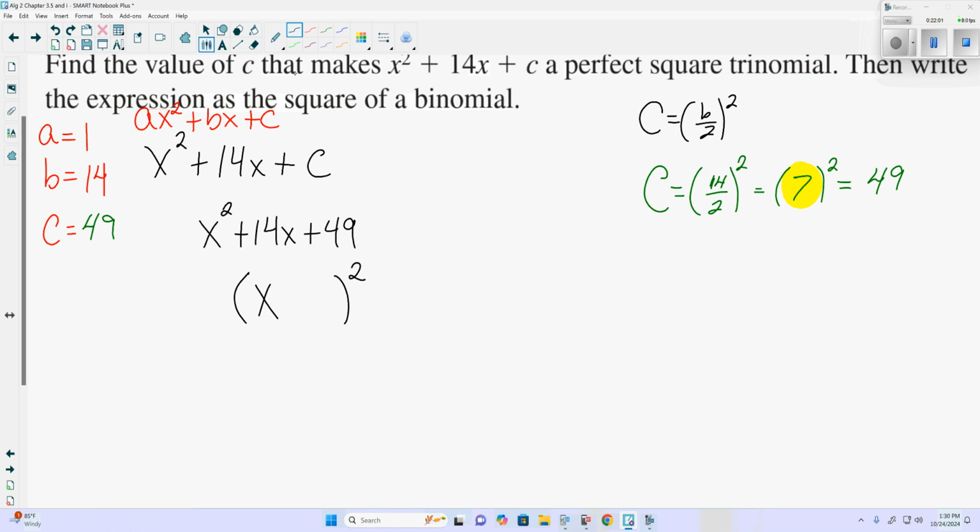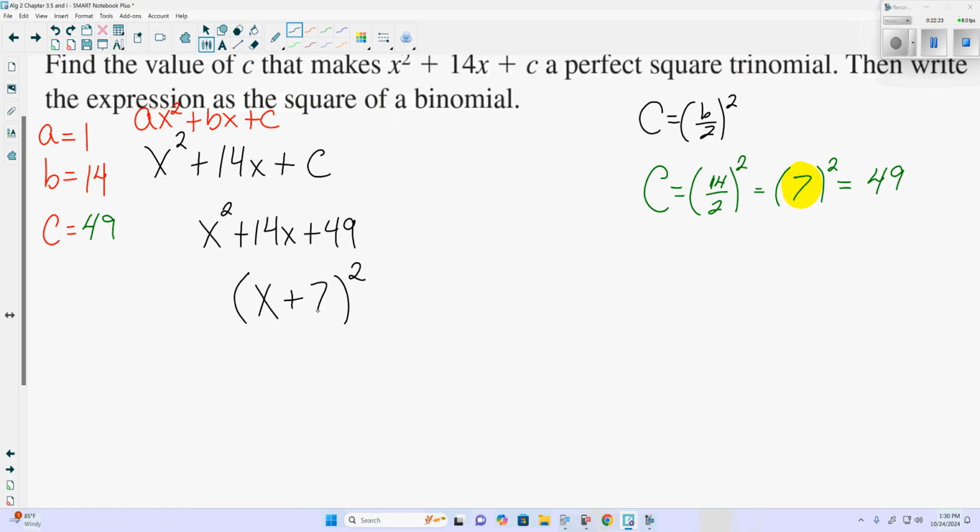So that means inside these here, we plug in plus 7, positive 7. That means if the number inside the parentheses before we squared it was negative 7, our factors would have been x minus 7 squared. Does that make sense?